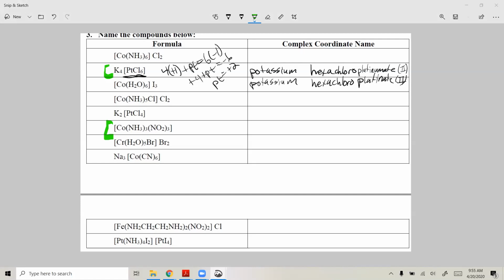Is this still a salt? So is it a complex ion now? It's not a complex ion because it doesn't have a charge. Right, it is a neutral complex. Do these end in -ate? So the ones that end in -ate should only be when it's an anion. So if it's neutral or if it's a cation, then leave it with the normal ending.